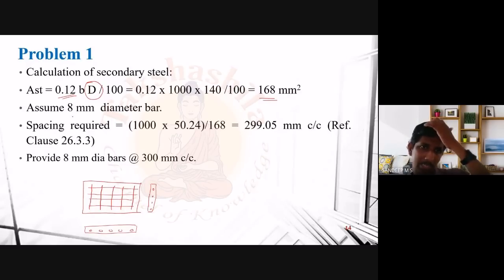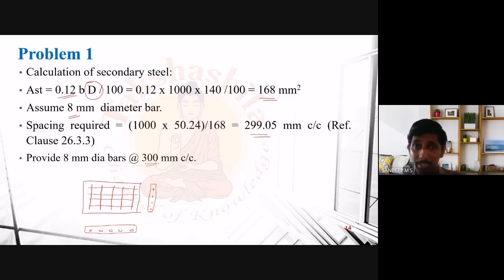As the secondary reinforcement, we are assuming a bar diameter of 8 millimeters. So the spacing required is 1000 into the area of cross section of a single bar divided by the total requirement, and that will come around 299.05. Since this is very near to 300, with a very slight difference, let's take it as 300 millimeters.